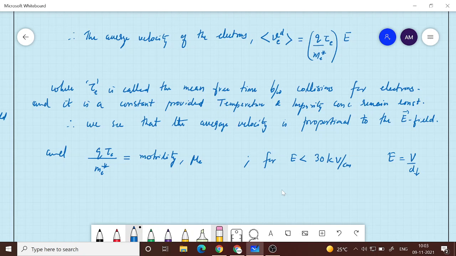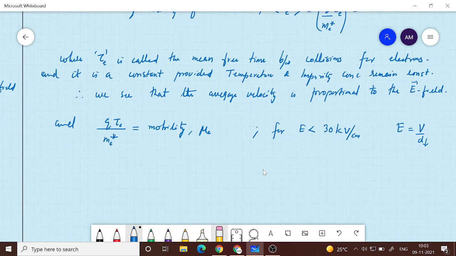But we will come to it at a later part of the course. Alright, so if these electric fields are much lesser, then this is the expression for mobility. And similarly, we can talk about the mobility of holes.